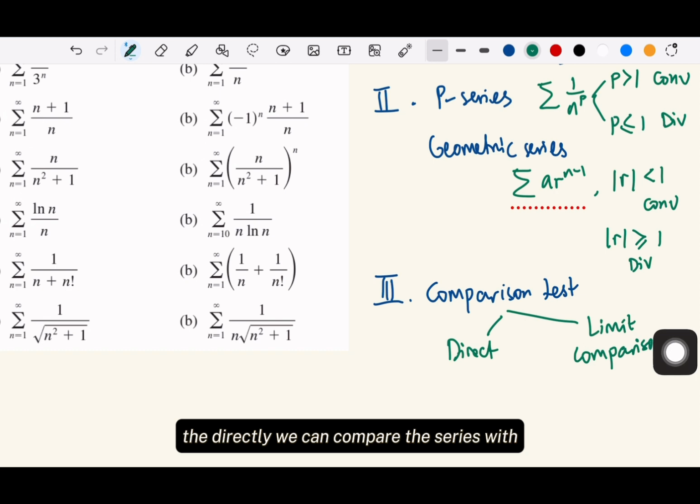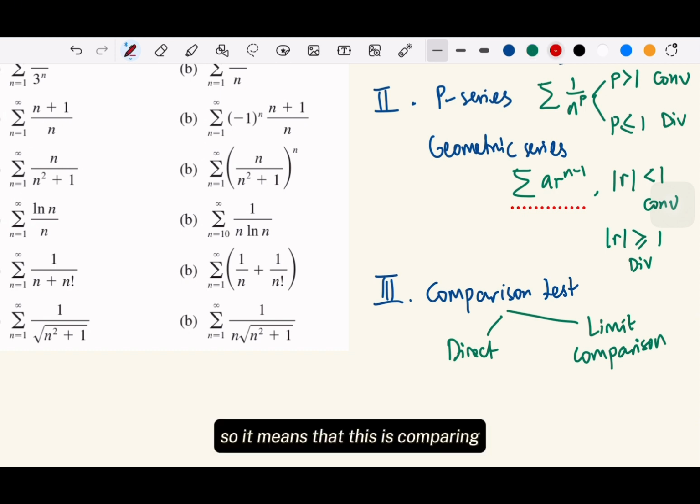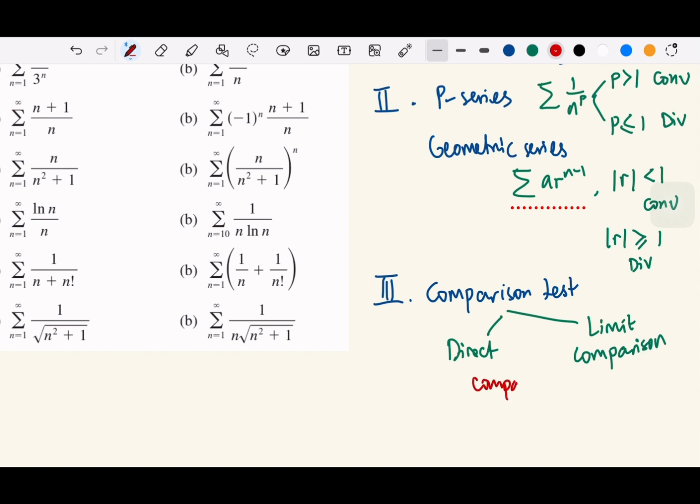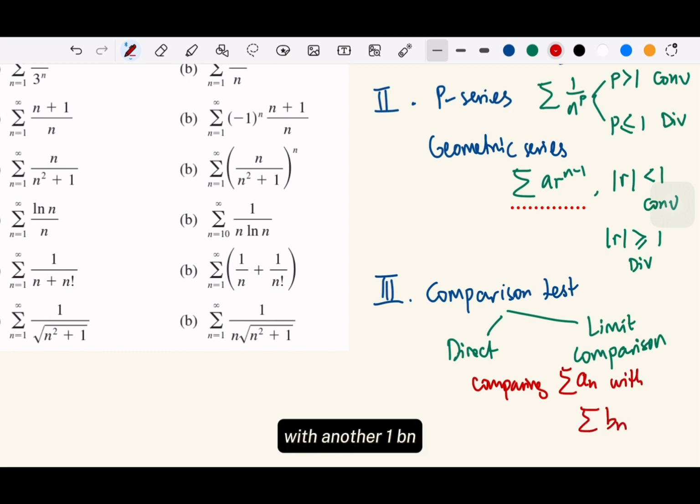What's the difference? In the direct one, we compare the series with another series that is easiest to conclude. So this is comparing the series a_n with another one, b_n.